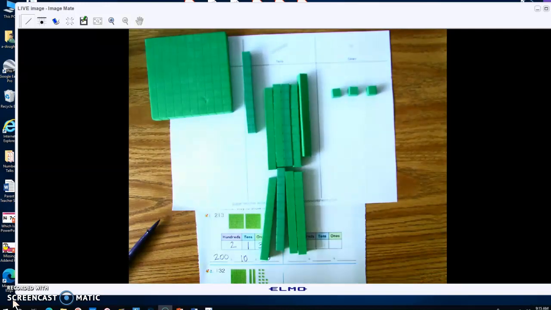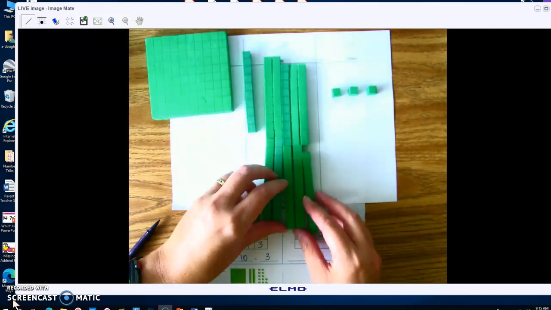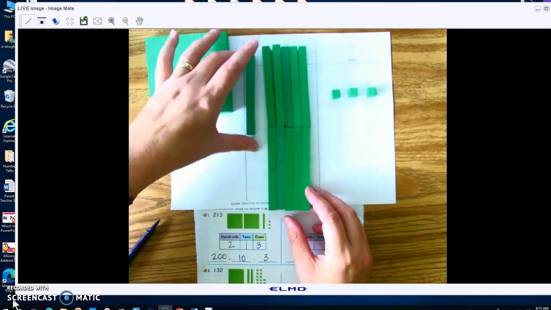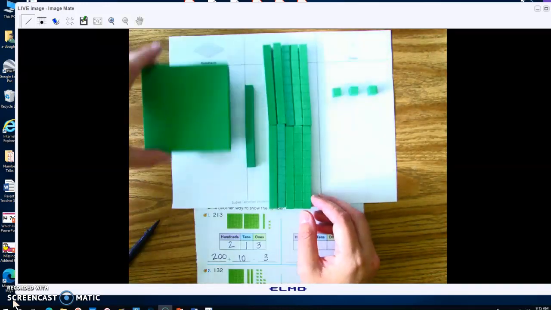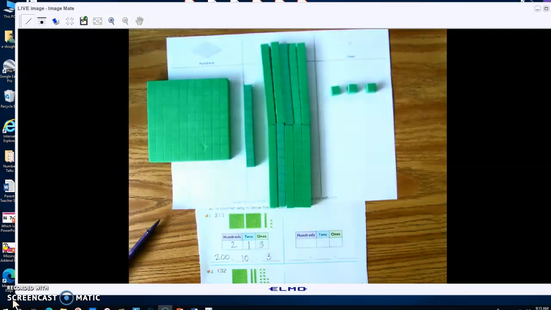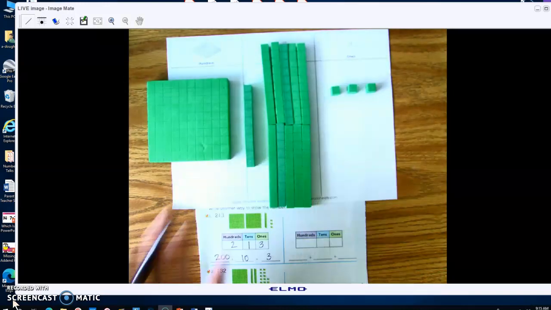So now I have lots of french fries here on my board. I kept my 1 and I added 10 more and got rid of one of my hundreds. So this is another way to show 213. How many hundreds do I have now, Corbin? 1.